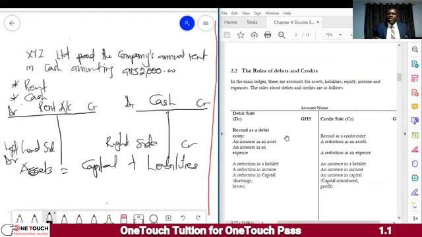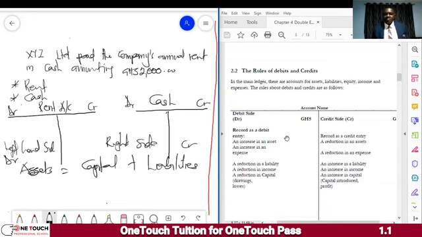And when a liability is increasing, we credit it to that liability account. When there is an increase in income, the increase should also be credited. And when there is an increase in owner's equity, it should also be recorded at the credit side of the account.